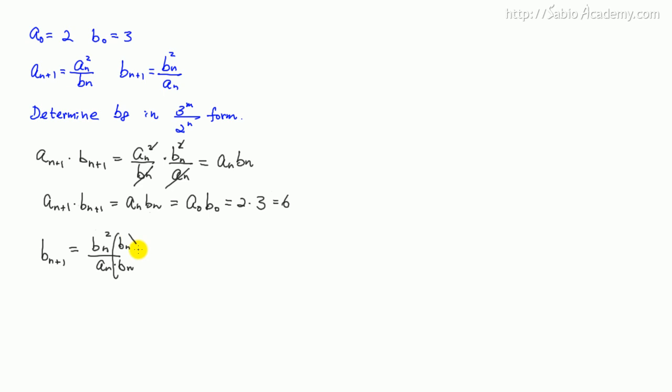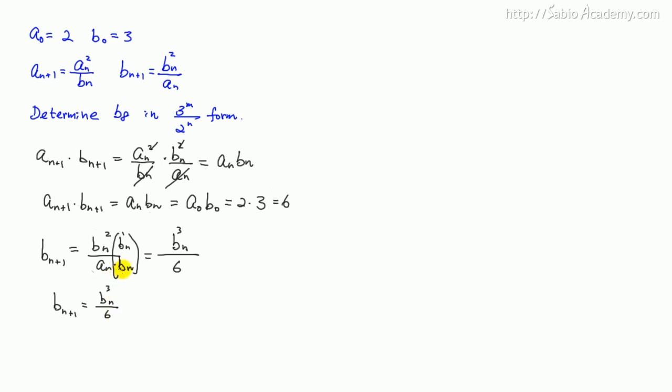All I did was multiply by 1, so this is a perfectly legal thing to do. But when I do this here, I know the denominator would become 6. What about the numerator? It would be b sub n to the third power. This is first power, second power, so it's third power. All right, so we made an improvement here. If you want to go to the next term, it is just previous term cubed over 6. All right, that's all there is.